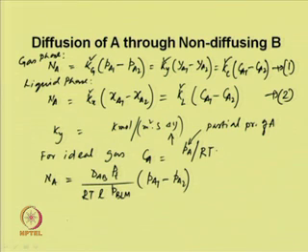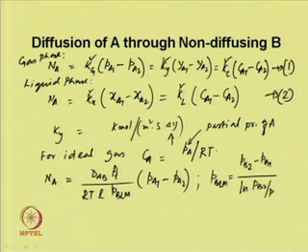PBLM is the log mean pressure difference, which is (PB2 minus PB1) divided by ln (PB2 by PB1).